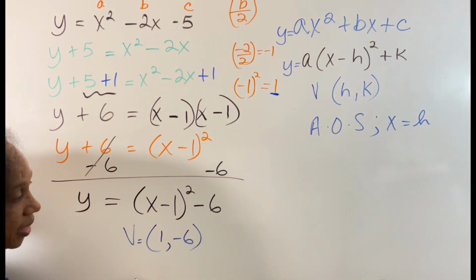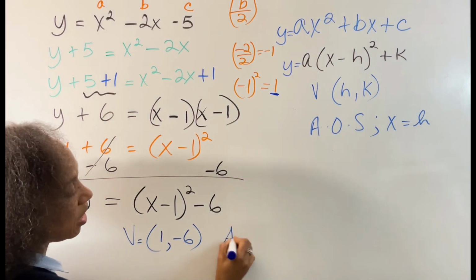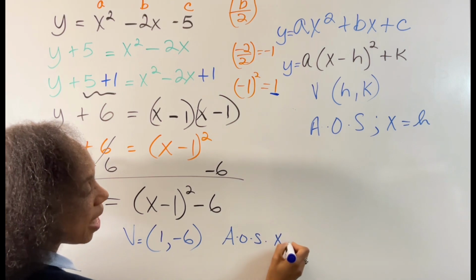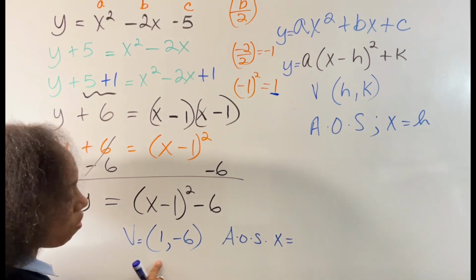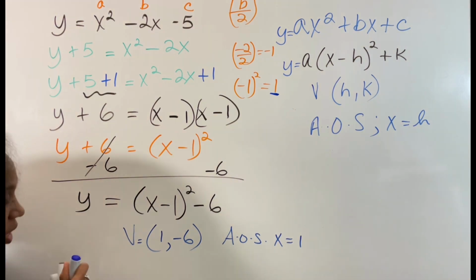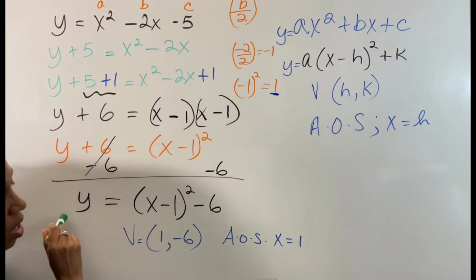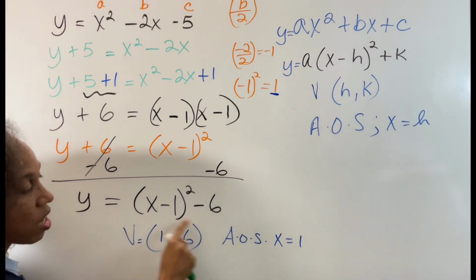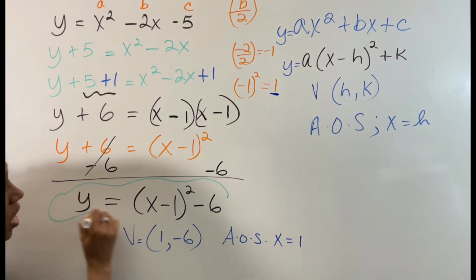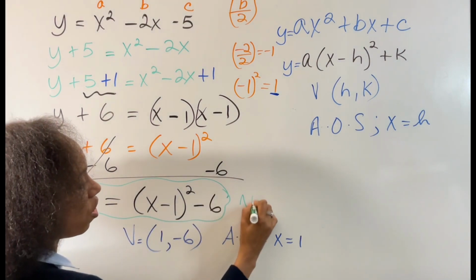And that's my vertex. And my axis of symmetry, which is AOS, is x equals the value of h, which is 1. So that is your axis of symmetry. So those are the two things that you can pull from an equation that is in the vertex form. And this would be your vertex form of the equation. This is your vertex form.